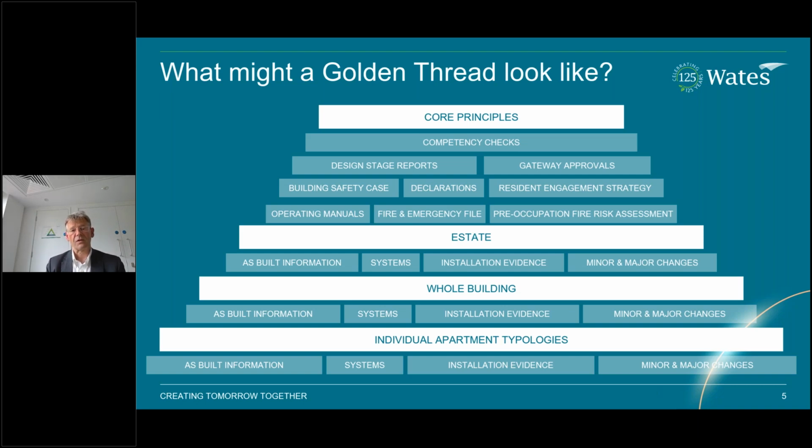Then systems descriptions, the whole functionality around asset information, so that people can operate and maintain those systems. We're talking specifically here about active systems, but of course we need to capture all the other elements and components that make up the building.